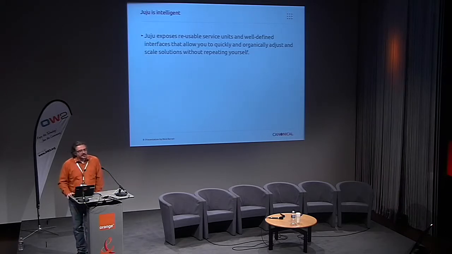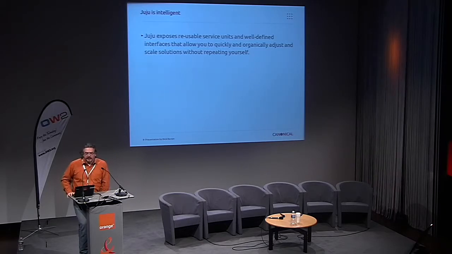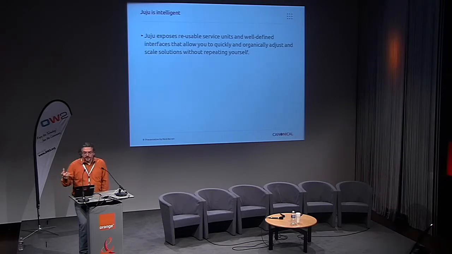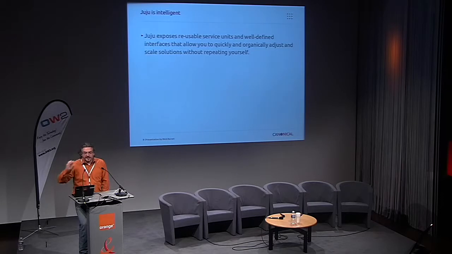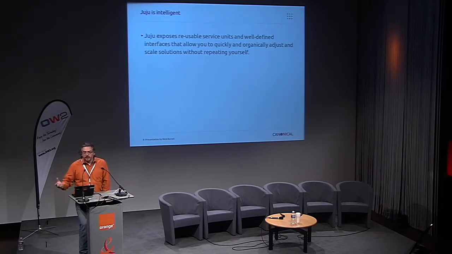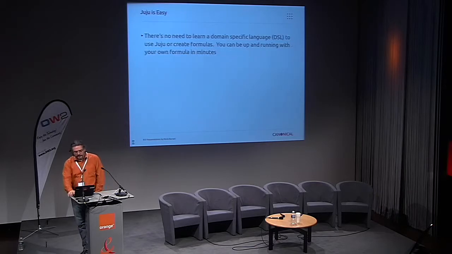It also means that we want to have all the function to handle scaling included within the charm, so that once you've expressed this knowledge, this DevOps knowledge, once you've distilled it into your charm, then it is reusable for anyone without having to understand again the internal logic of the service you're trying to expose.